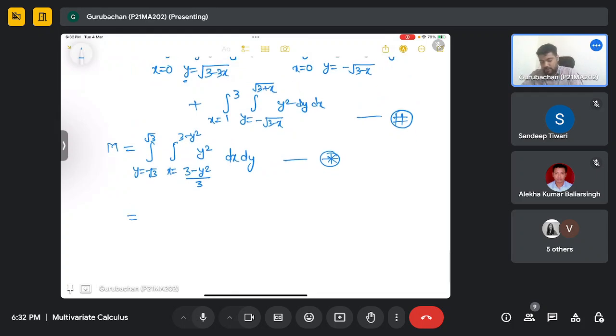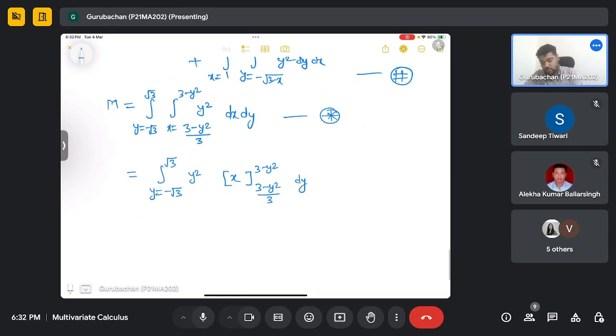Now calculate this and tell me what the answer can be. So x comes out as from y square over 3 to 3 minus y square, dy. What will it give?